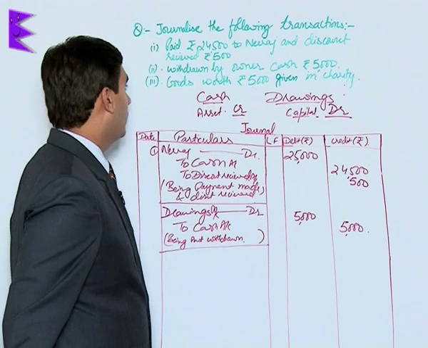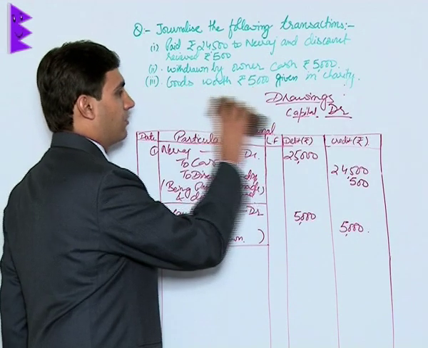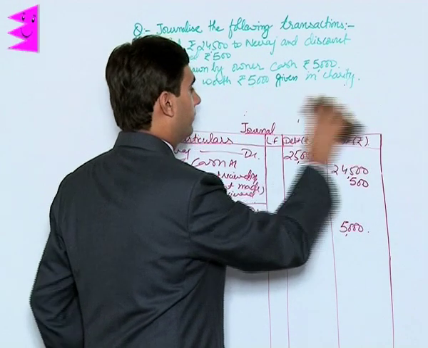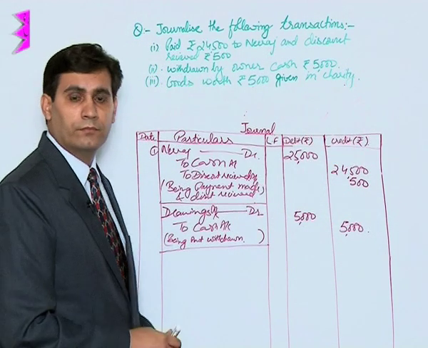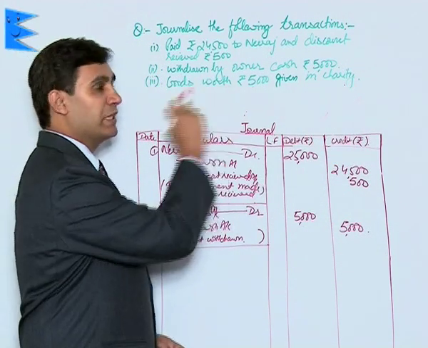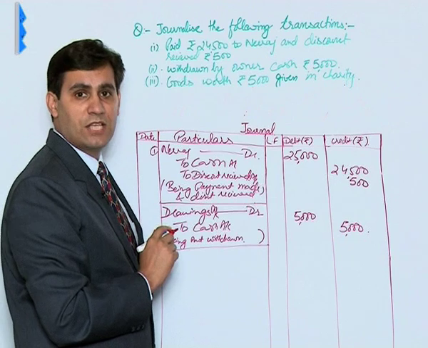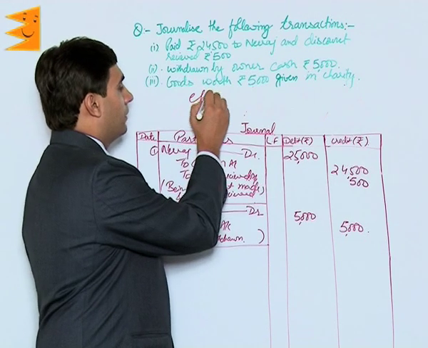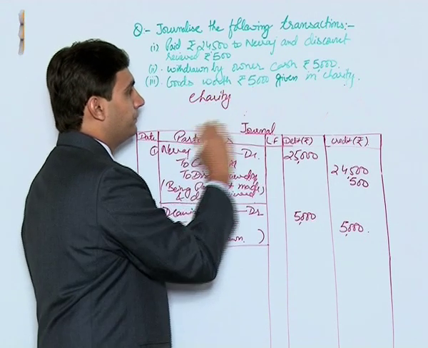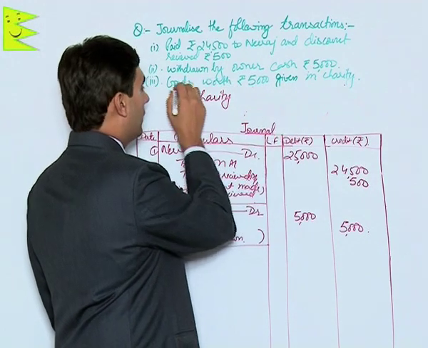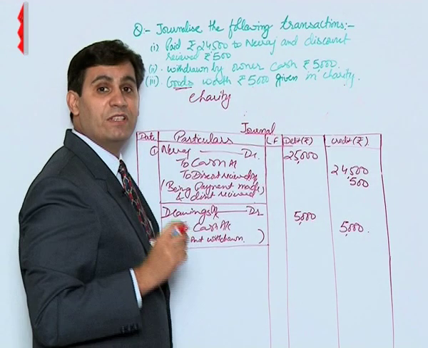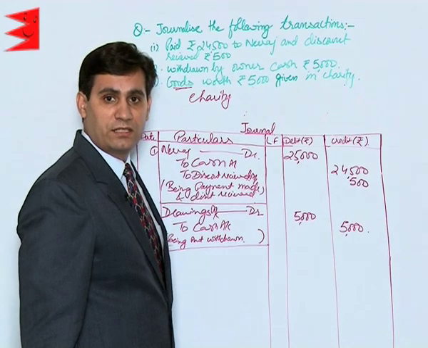Now coming to the third transaction. Goods worth rupees 5,000 given in charity. There is a charity account involved here and goods. Now students, remember, when we sell goods, it is the sales account that is involved.